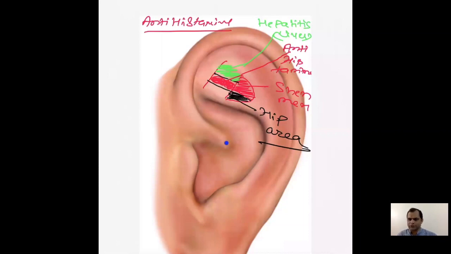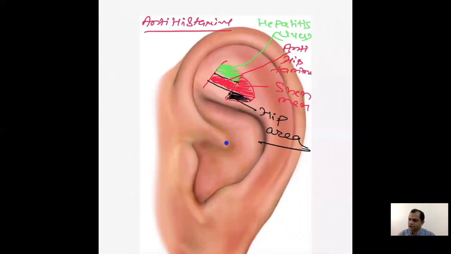All the asthma patients, all the patients suffering from breathing disorders, use a pump or inhaler. That gas has an antihistaminic effect. As soon as you take this, it dilates the bronchi. So this is the point.